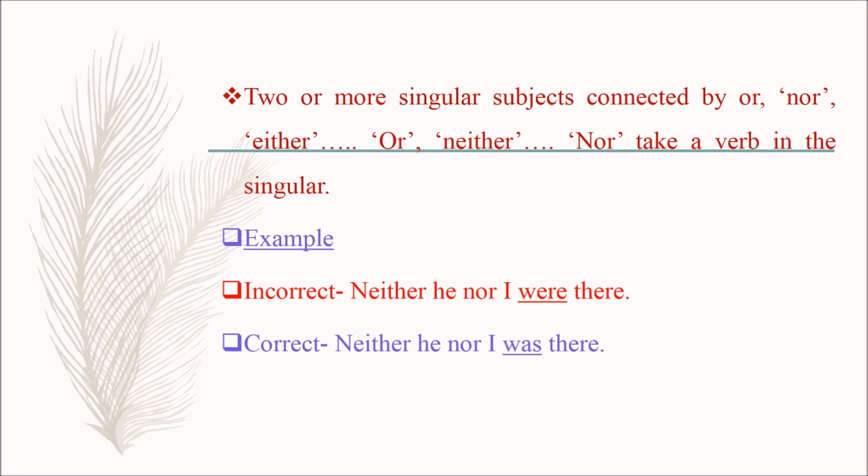No. The correct sentence is: neither he nor I was there. Here, he and I are two singular subjects connected by neither/nor, so we have to add a singular verb was to it. So the correct sentence is: neither he nor I was there.